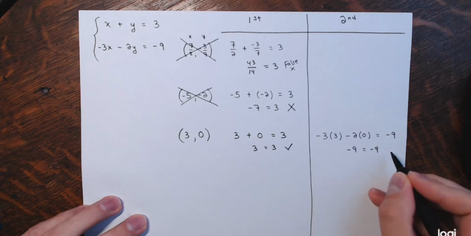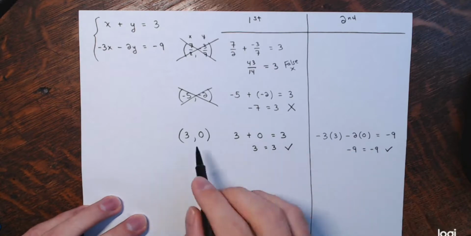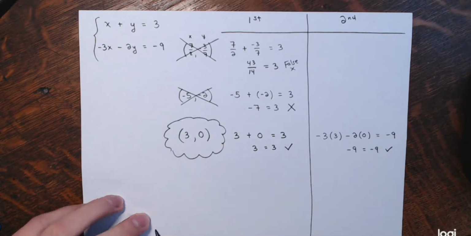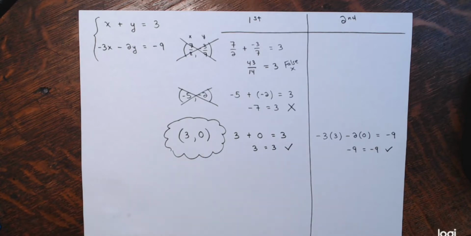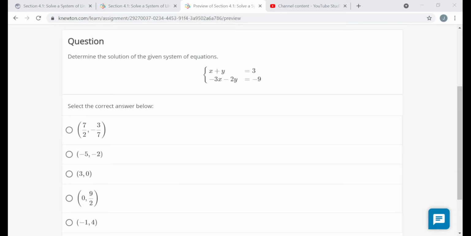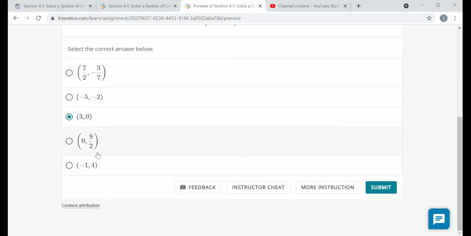And you have -9 equals -9. Check on that. Both equations are satisfied by this ordered pair 3, 0. So this is a solution of this system. And that's the one I will toggle. Alright, and that's it. And then again, you can try checking the other ones, but they will not work.